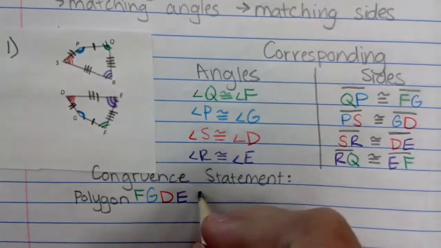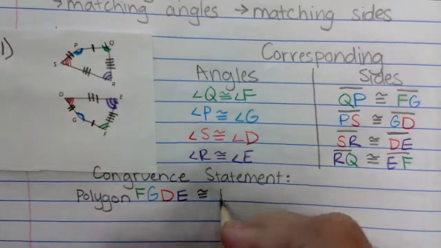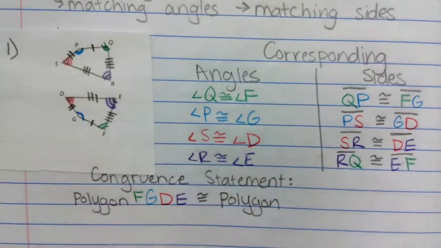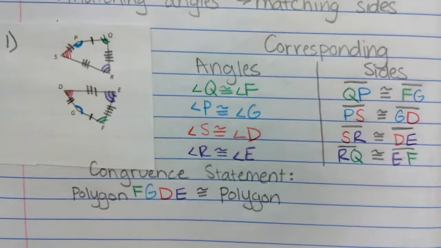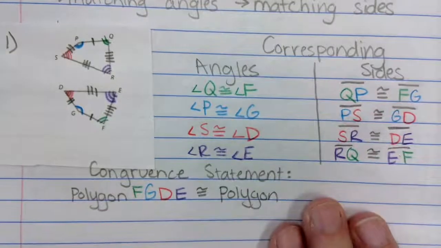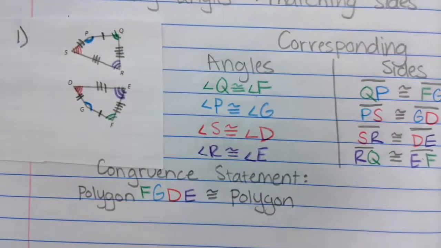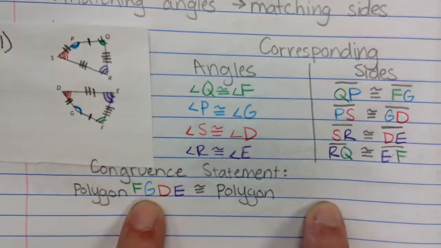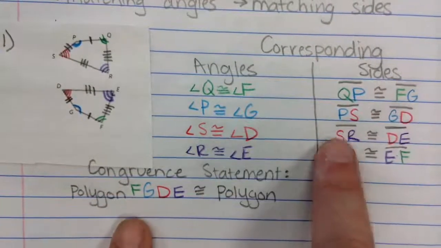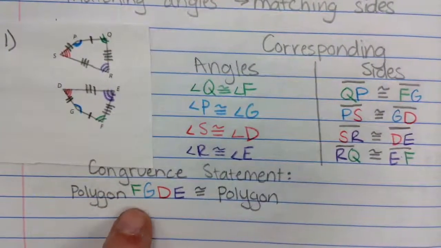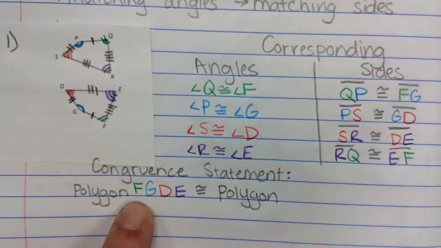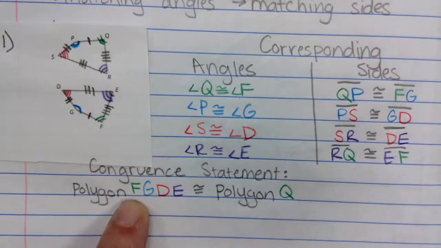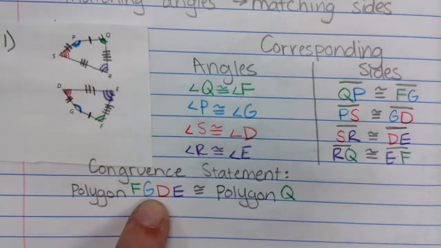It's going to be congruent to polygon. Now when we do the second one, we want it to match. So I know we did all of this work. We set all the angles. We set all of the sides. But I want it just to match here so I can tell that person exactly all this information. So what angle did F line up with? Q. What did G line up with?